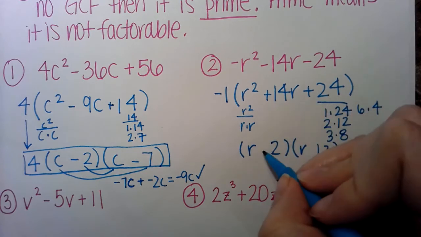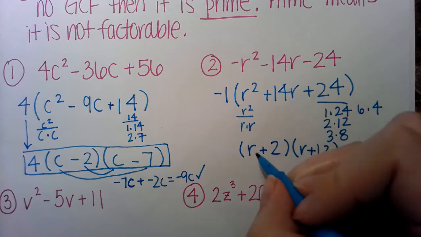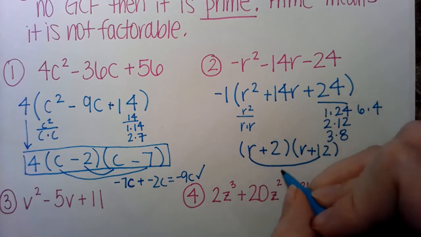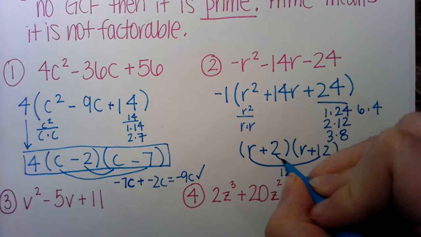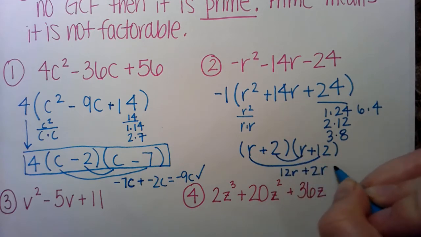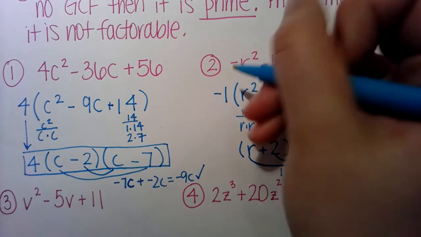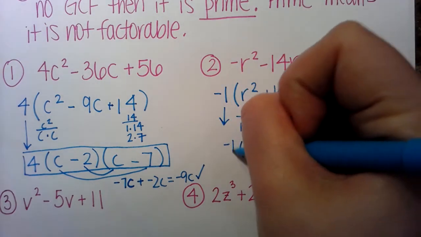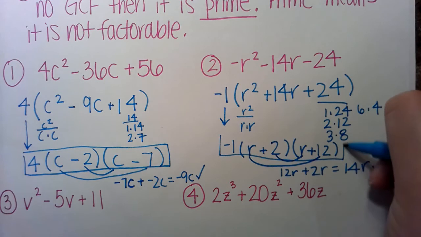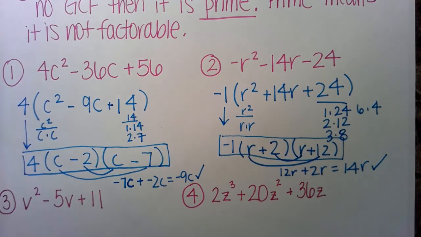And then I'm going to make it a positive because I want them to add up to 14. So r times 12 is 12r. 2 times r is 2r, which is going to give me 14r. So I checked it, I'm all good. Remember, you have to bring down the GCF. So my final answer is negative 1 times r plus 2 multiplied by r plus 12.